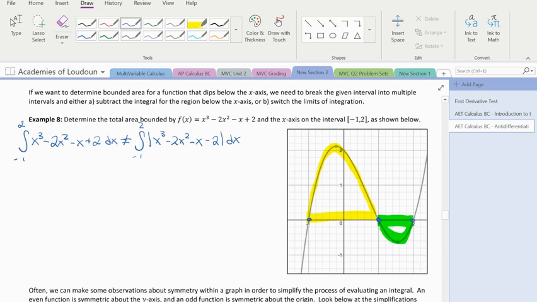So in this case, we're going to go ahead and separate the integral. So we have the integral from -1 to 1 of x cubed minus 2x squared minus x plus 2 dx. And then we're going to be subtracting the integral from 1 to 2 of x cubed minus 2x squared minus x plus 2 dx.